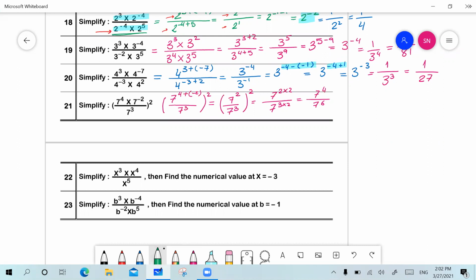Here I have a common base, the same base, so it equals 7 to the power of 4 minus 6, which is equal to 7 to the power of -2, so it equals 1 over 49, because I flipped the negative sign. Thank you, Omar. Thank you, Ali.